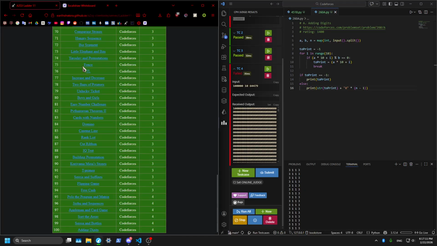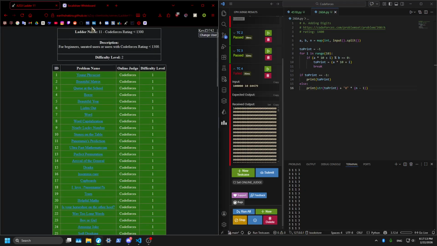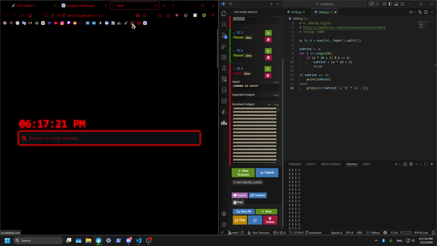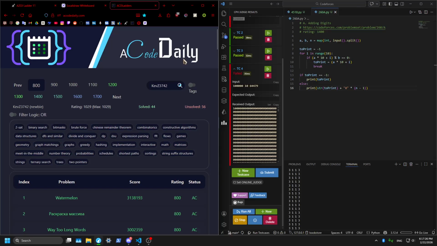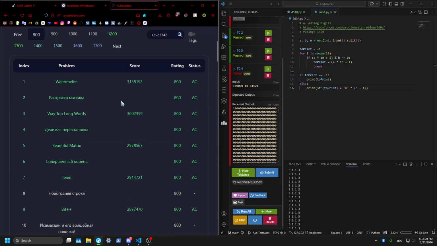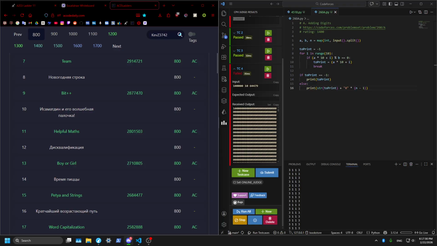Would you look at this, guys? We have completed the A2OJ ladder 11. Now time to never touch the A2OJ ladder again. Next time we do problems, we're going to be doing the A-code daily, whatever this ladder is.